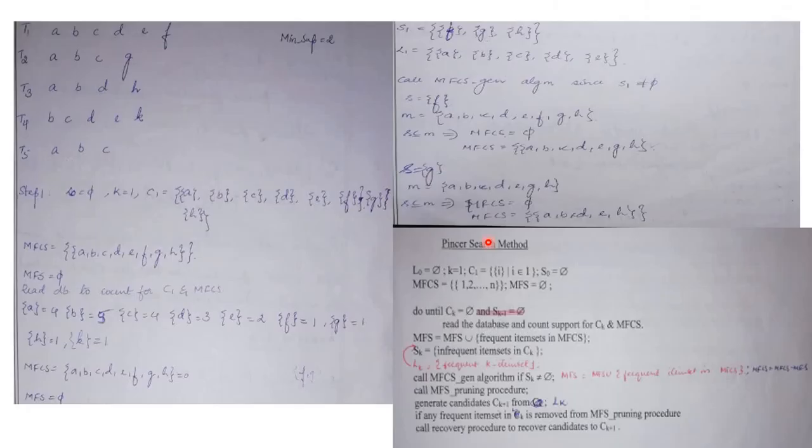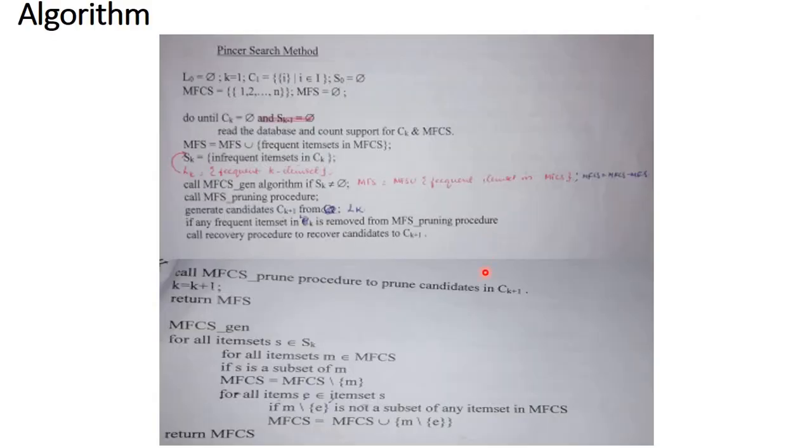So once we do that, what is the next step? Call the MFCS prune procedure to prune candidates. Since every item of C2 is also present in MFCS, nothing gets pruned in the MFCS procedure.